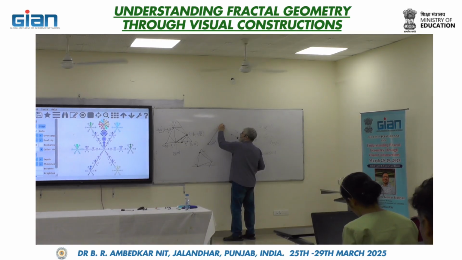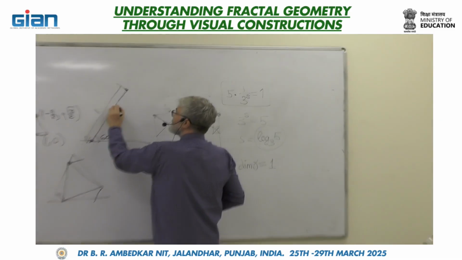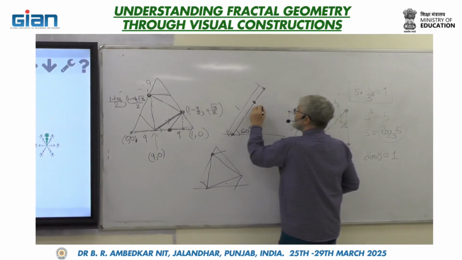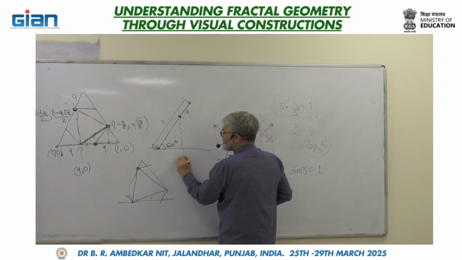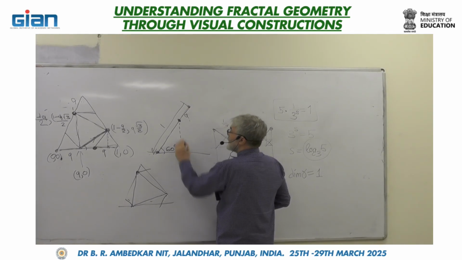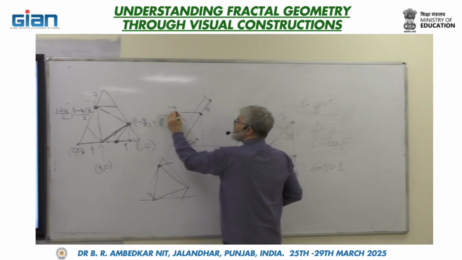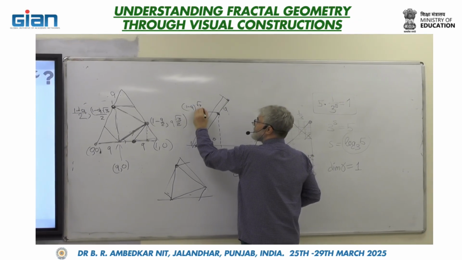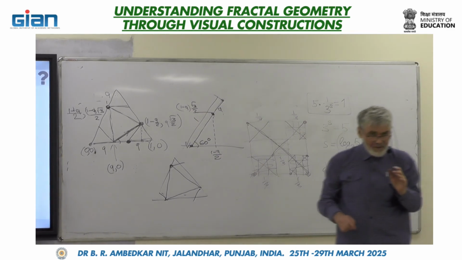The length of this interval is 1, and the length of this one is 1 minus Q, because this is Q. So it will be 1 minus Q divided by 2. And this coordinate will be 1 minus Q multiplied by square root of 3 divided by 2. Yes?